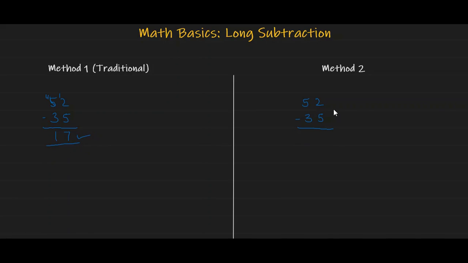Now let's look at another method. This method is what I usually use, and it's not much different, but you have an extra step. The way I go with this method is you have 2 minus 5, right, minus 3 on top.